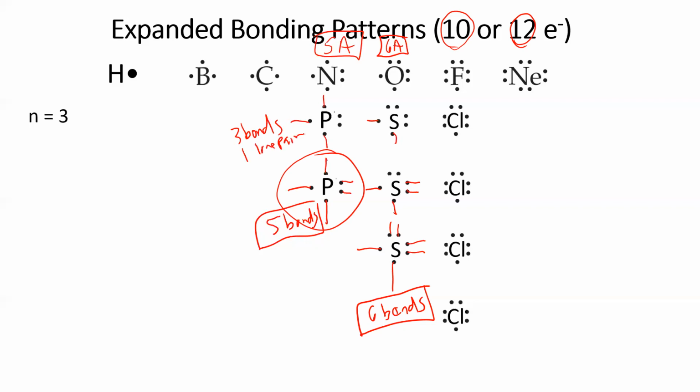For group 6A, it's 6 bonds, or what we see here, 4 bonds and 1 lone pair, or 2 bonds and 2 lone pairs. So you see that it's always being deducted by 2 bonds because the 2 bonds can be replaced with a lone pair. So 5 bonds or 3 bonds and 1 lone pair, 6 bonds or 4 bonds and 1 lone pair, or 2 bonds and 2 lone pairs.